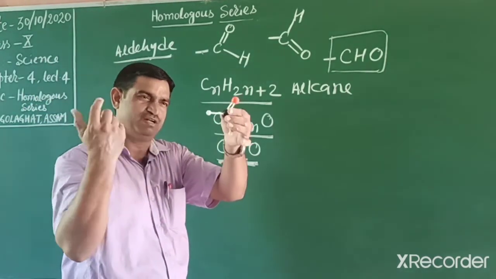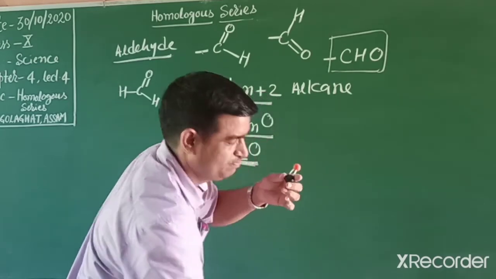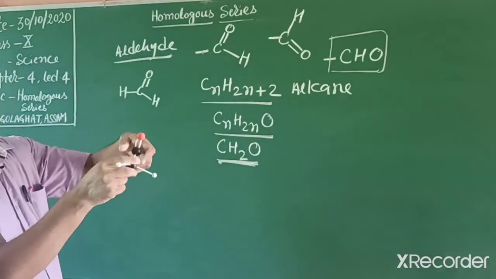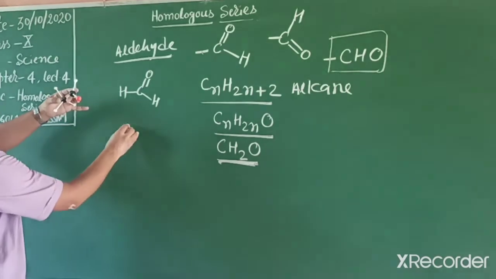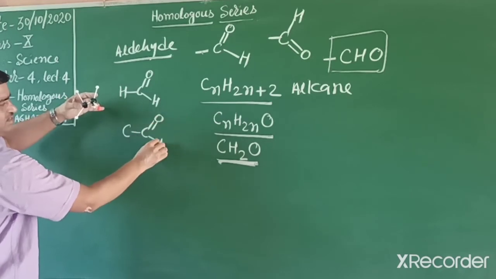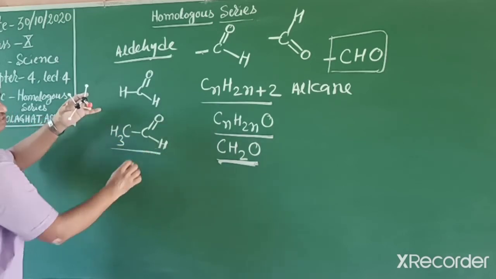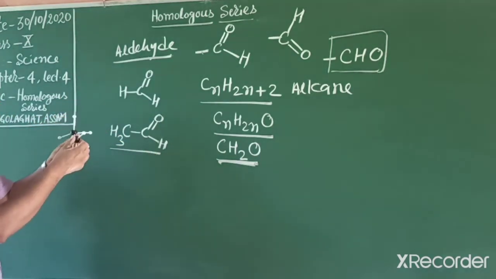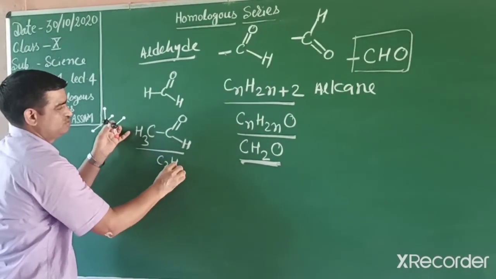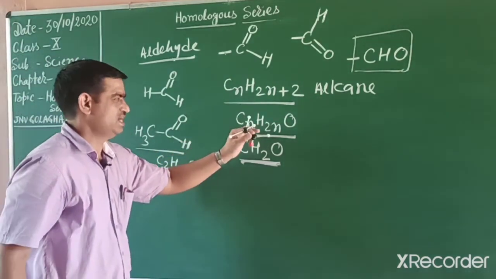We have to remove one of the hydrogens and add 2 more carbons. So we add only 2 carbons now. First the double bond and H, then you write CH3 or H3C, meaning 3 hydrogens. So this is the next member, and its molecular formula you can write as C2H4O, which fits CnH2nO.